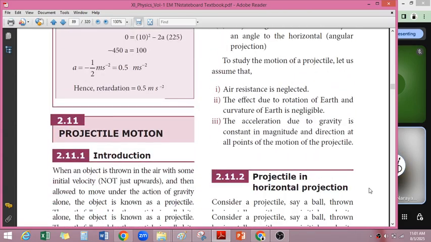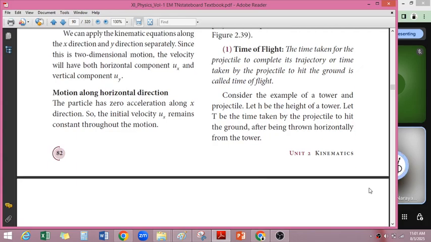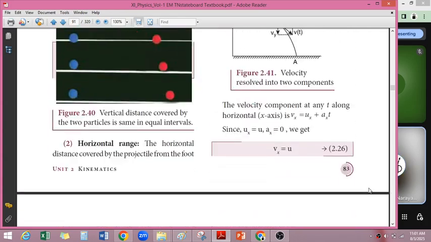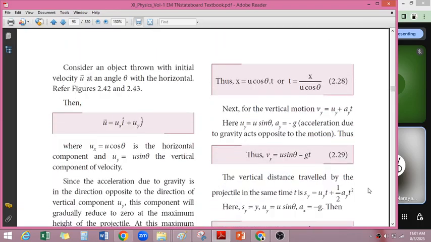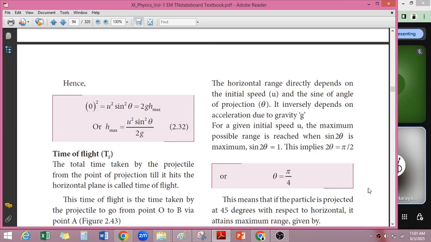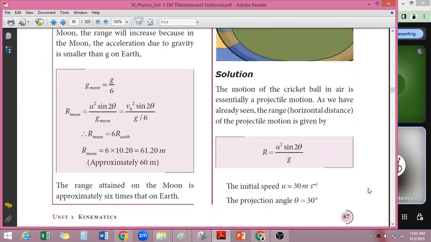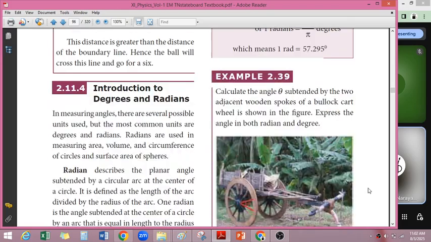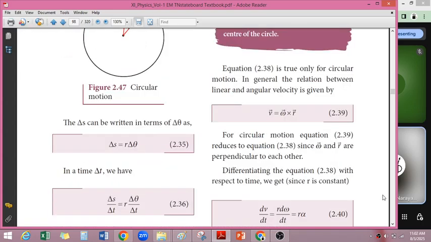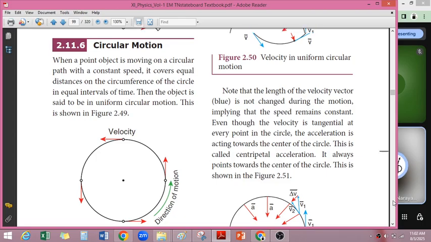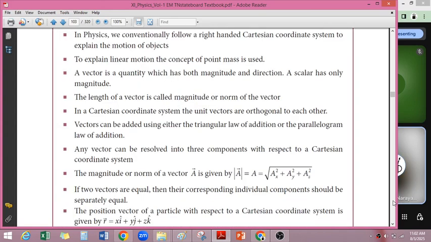It is one chapter and then projectile motion, it's a little bit longer. And then you have the circular motion.